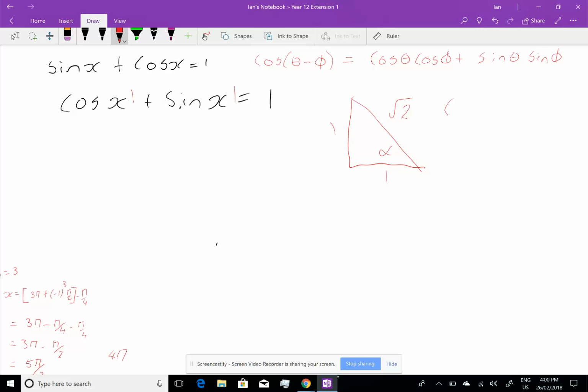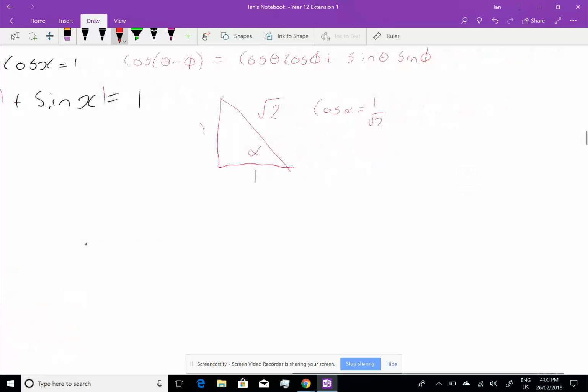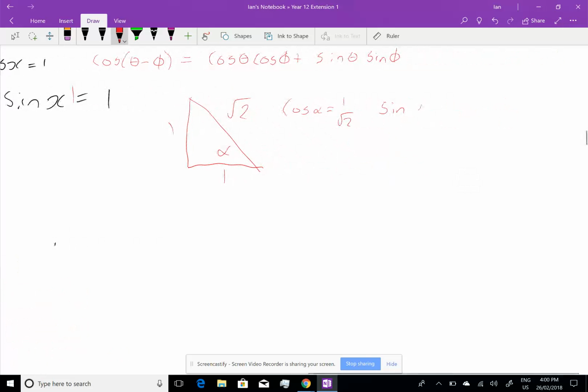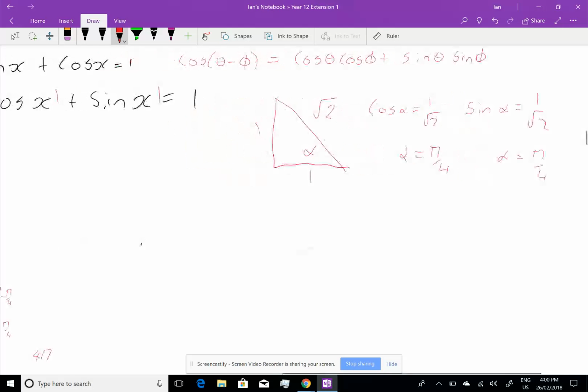Therefore, cos alpha equals 1 on root 2 and sine alpha equals 1 on root 2. Therefore, alpha equals pi on 4.